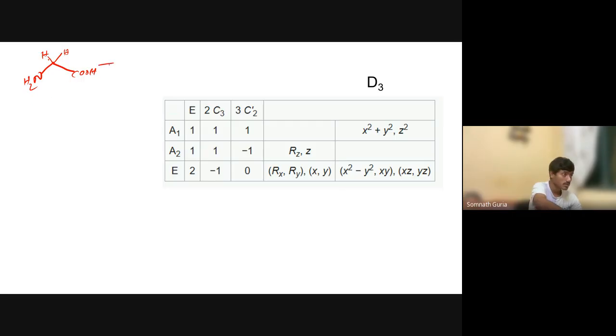We can shortly denote it as O and N. We have the iron over here, with three glycinate ligands.